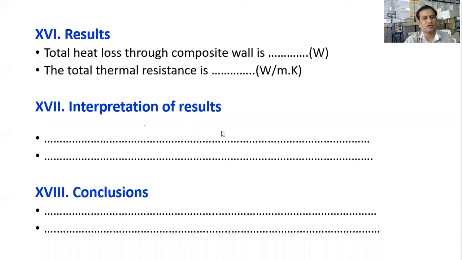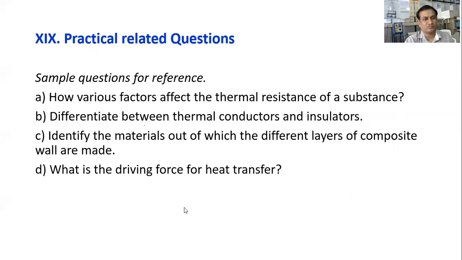You can write the causes or the possible reasons for the interpretation of these results, and on the basis of these results you can conclude the experiment, right? So for cross checking of your knowledge or the theory part, you can solve these sample questions and you can add some of the additional questions also.